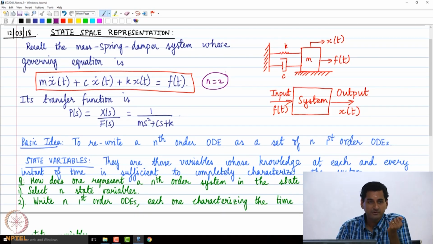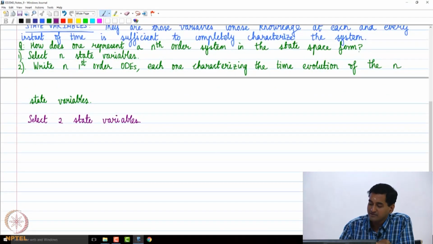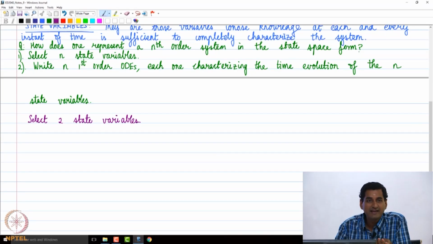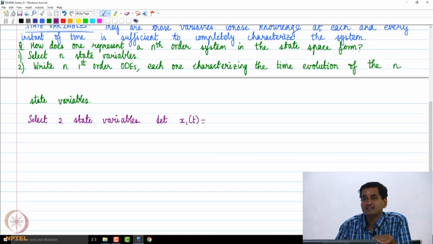So that's something which we already know, correct? Yeah. So I have to select two state variables. By and large, state variables are denoted by the character x. Okay. So let the first state variable be x1. Okay. Please don't confuse this x with the displacement x.